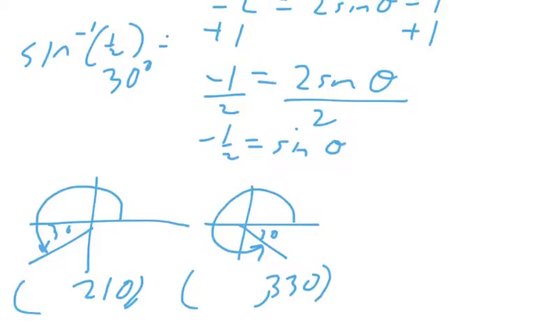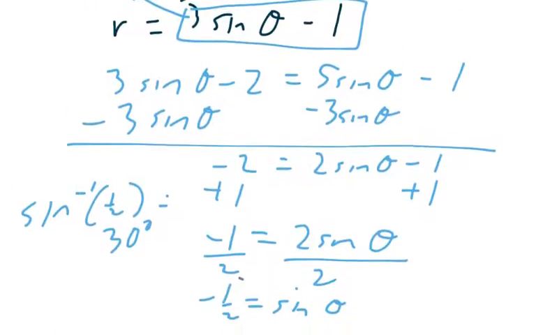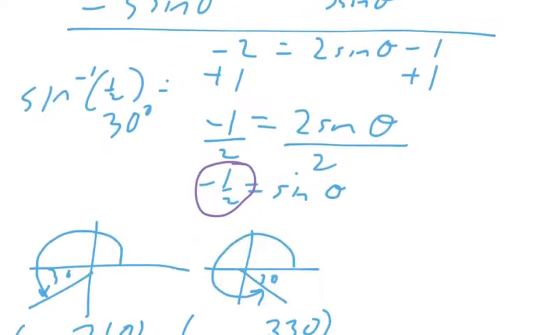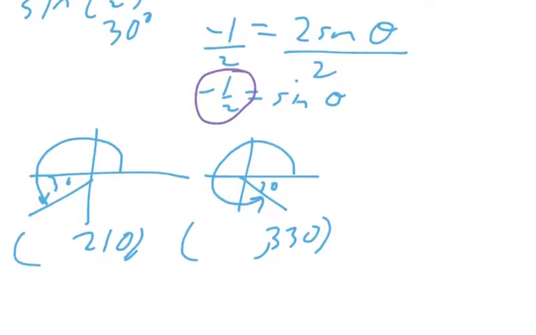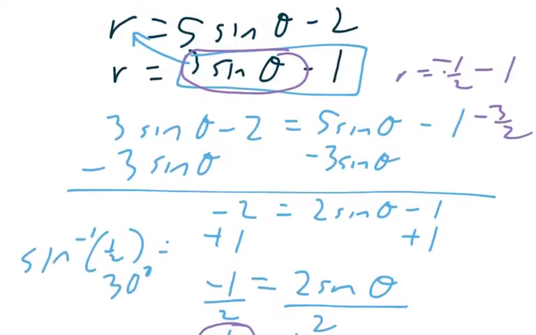Now when I plug in this 330 or 210, for both of them the sine is equal to negative 1/2. So I'm going to put that right into here. So I got r equals negative 1/2 minus 1, which is negative 3/2. And so that's going to be my answer for both of them.